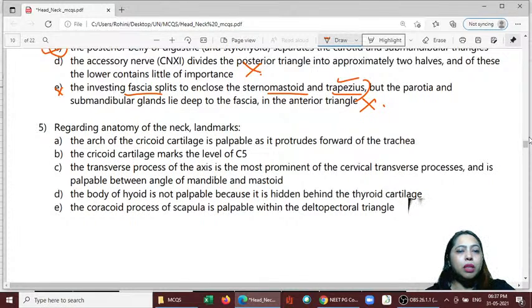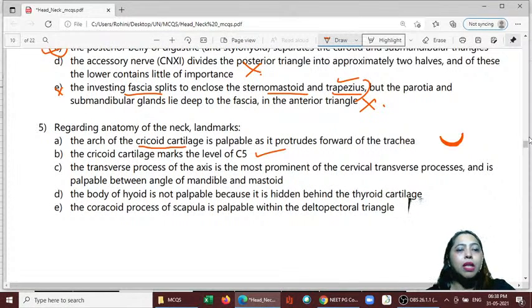So the cricoid is actually a half ring, right? It is not a complete ring, it's a half ring. So it is protruding towards the forward of the trachea. That is first statement.